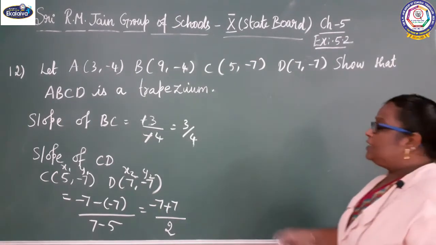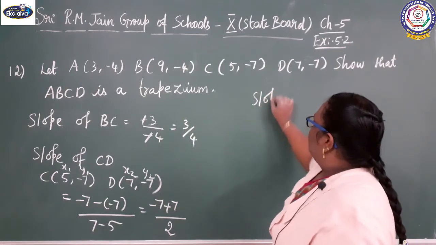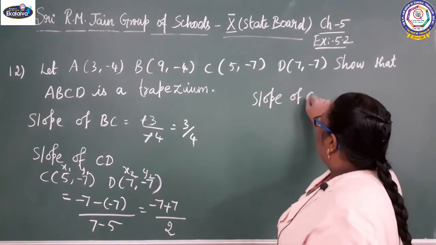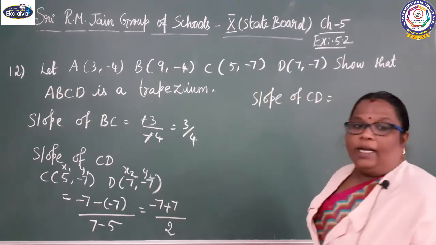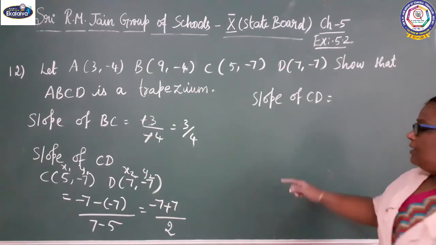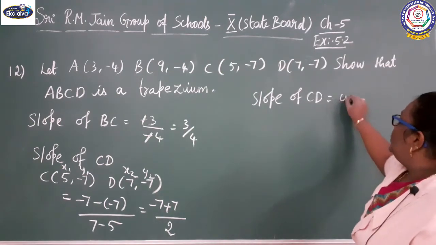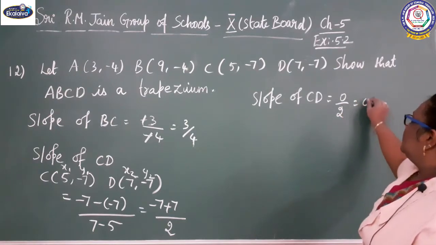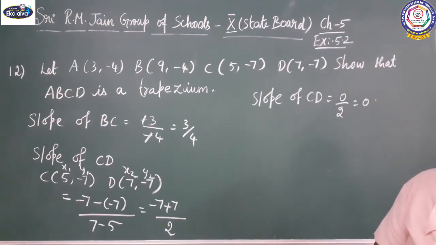So slope of CD equal to minus 7 plus 7, 0 by 2, it gives 0.